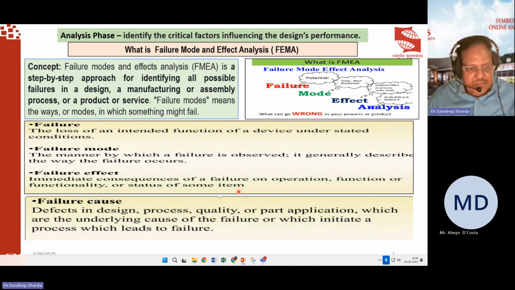Then failure cause will be the defect in the design, processes, quality, or part application, which is the underlying cause of the failure or which initiates a process which leads to the failure. These are the four terminologies which you have to conceptually understand while going for one of the examples under the failure mode effect analysis.